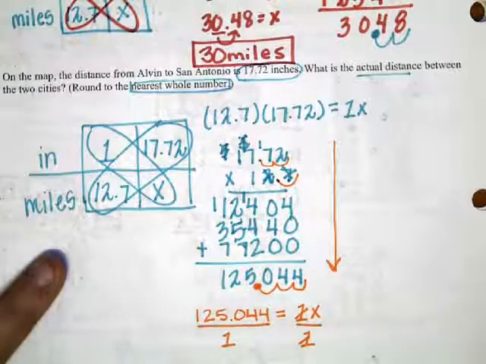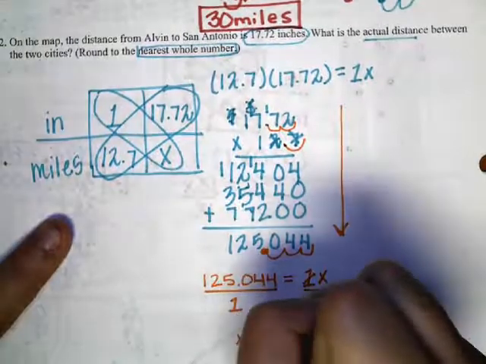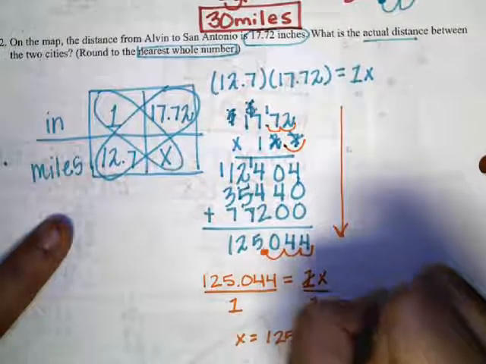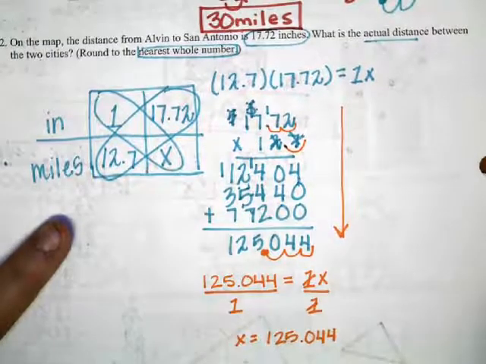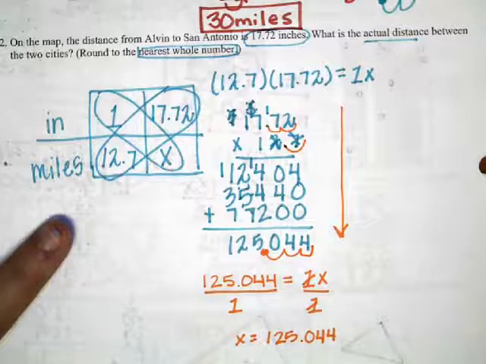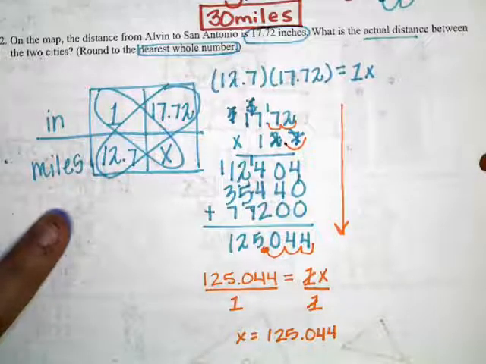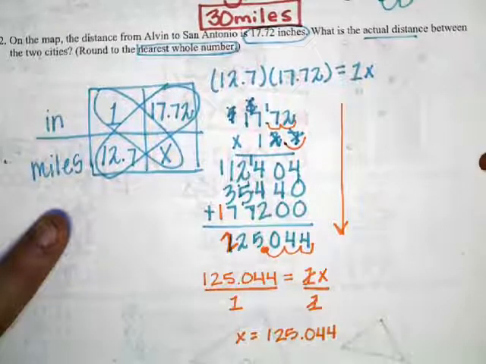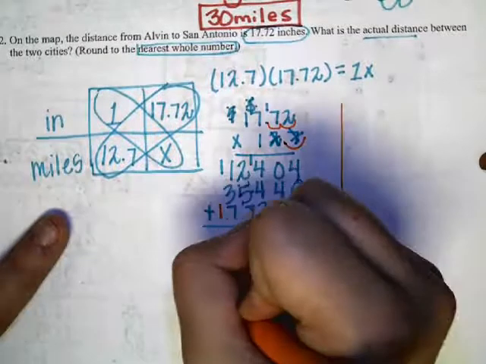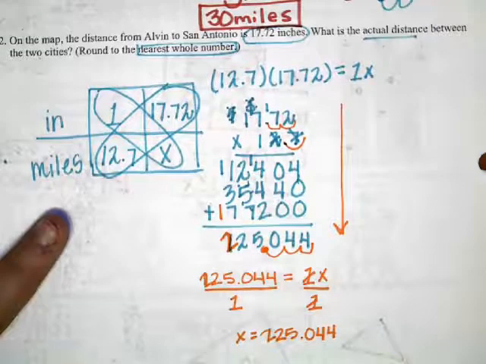Anything divided by 1 is itself. So x equals 125.044. But it tells us to round to the nearest whole number. What did I do? I messed up somewhere. Oh, I forgot to put that 1 there. My apologies, guys. It's 225. Sorry. So it's 225.044.